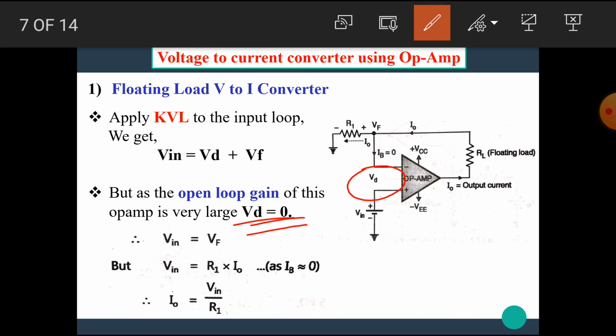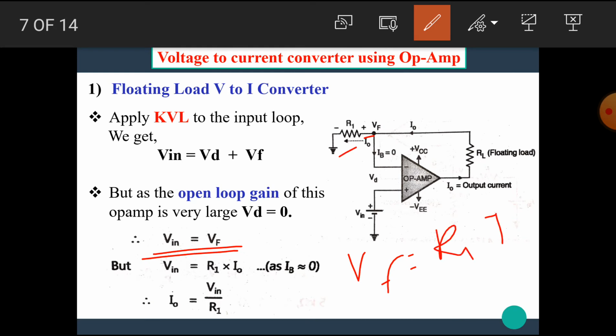Due to the virtual ground concept, Vf and Vin are at the same potential, hence we can write Vin is equal to Vf. Okay. Now let's find the voltage at Vf. Here we can write the voltage at Vf by using R1 into the current I0.